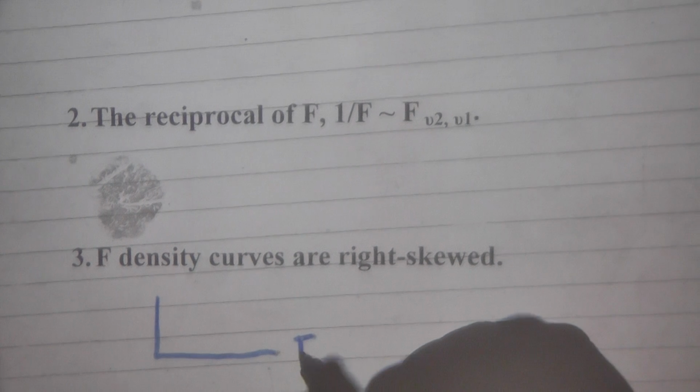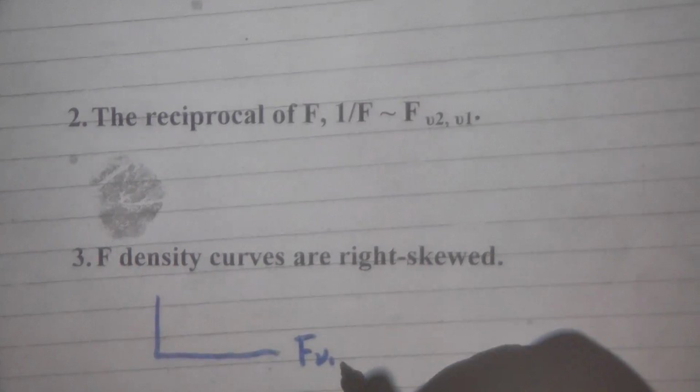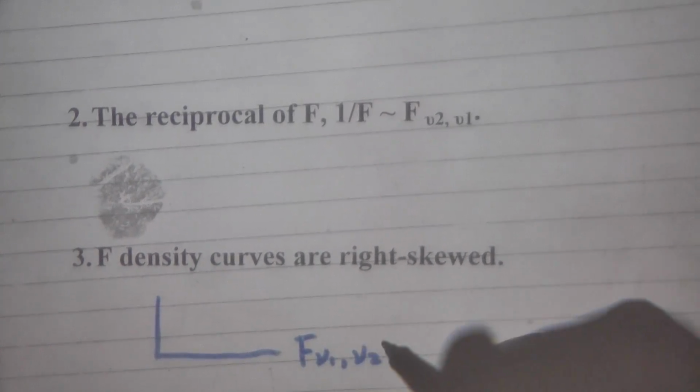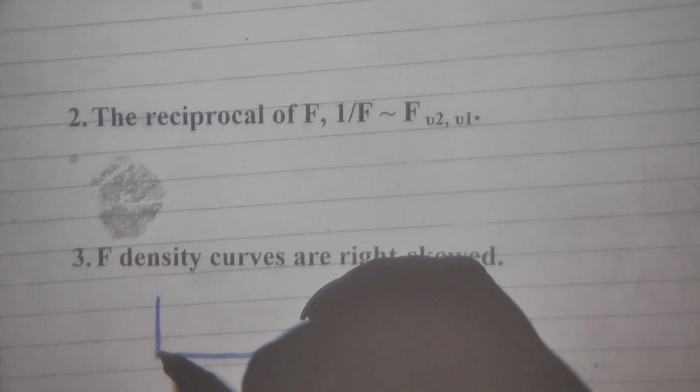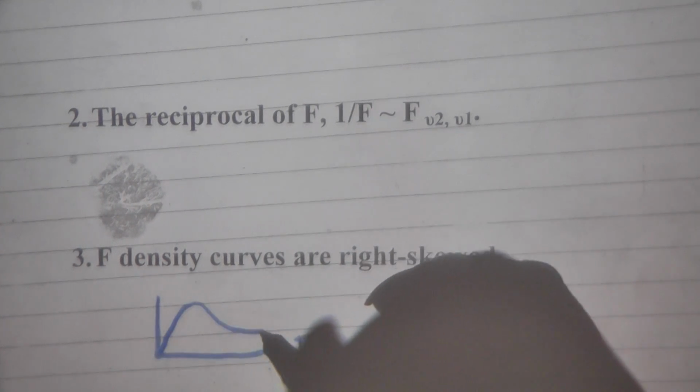Say this is F with nu 1 and nu 2 degrees of freedom. And the curve is right skewed.